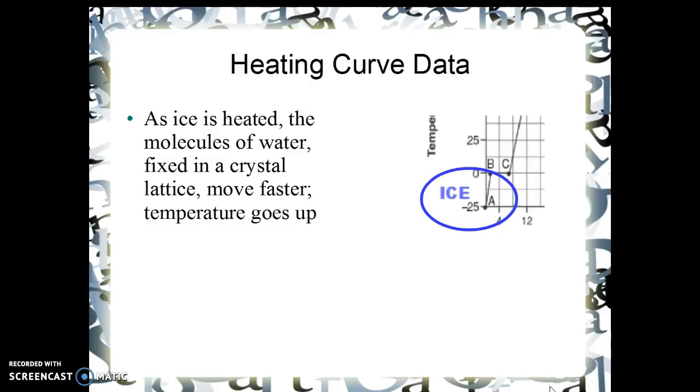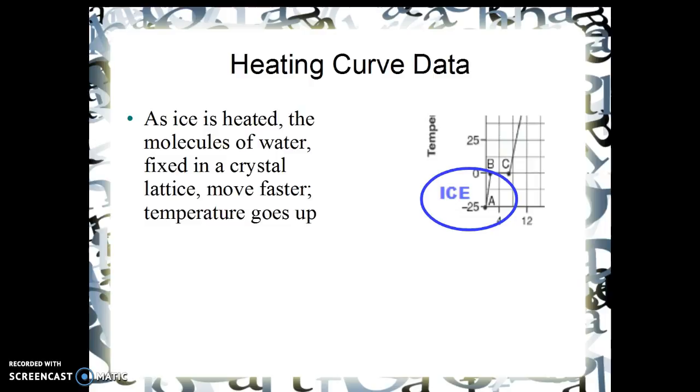Let's talk about what's happening at each phase of your heating curve. As the ice is heated, not as it's melted, but as it's heated up towards where it's going to melt, the molecules of water are fixed in a crystal lattice. They're solids. They vibrate faster and the temperature goes up.